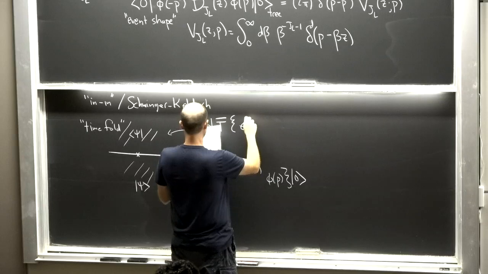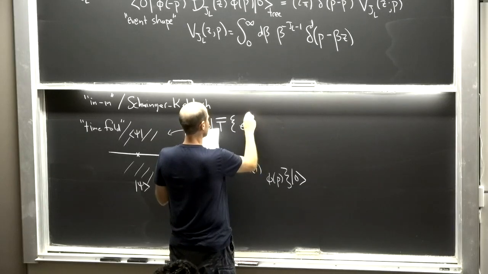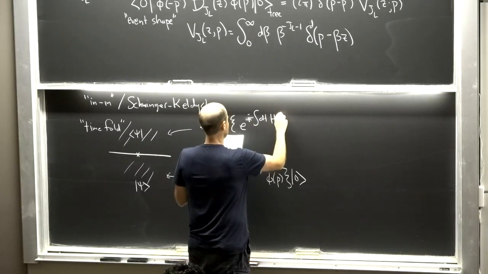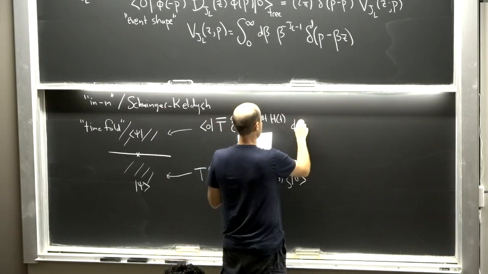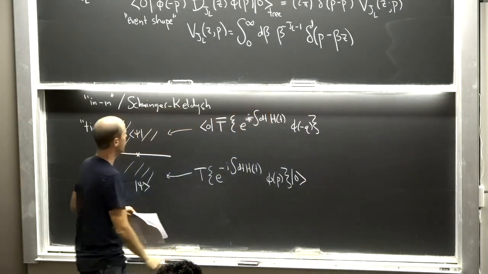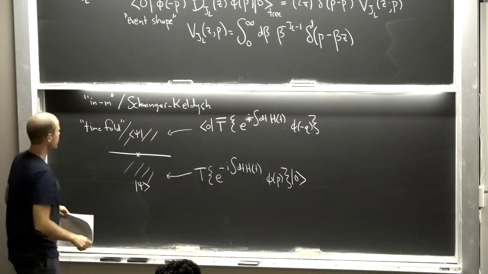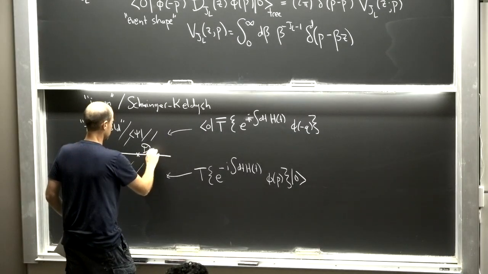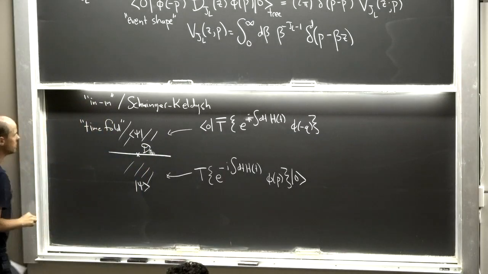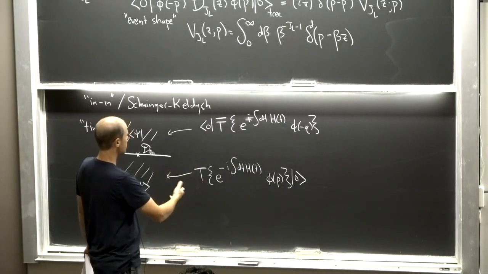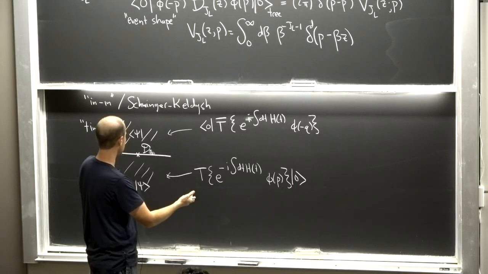And then this exponential here is complex conjugated, so you just get an i times the integral dt H(t), and then this phi of minus q. And then the detector, d sub jl, lives between them.